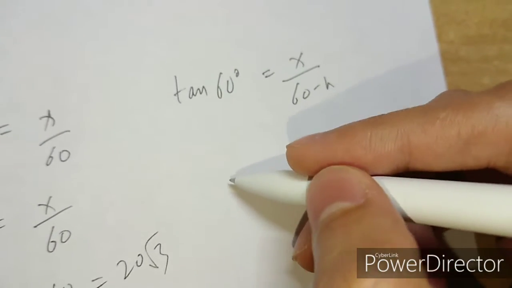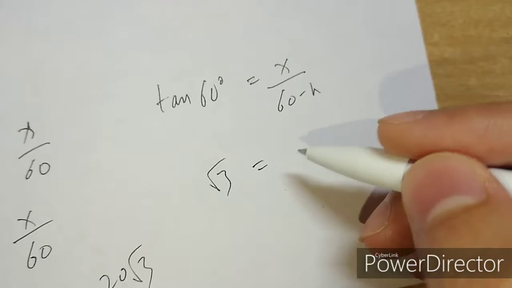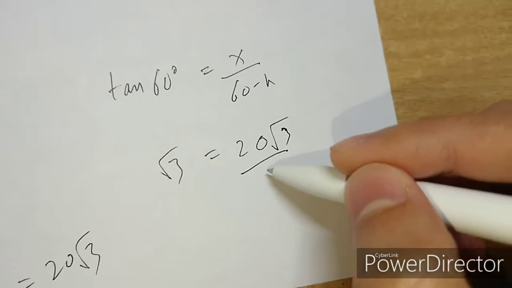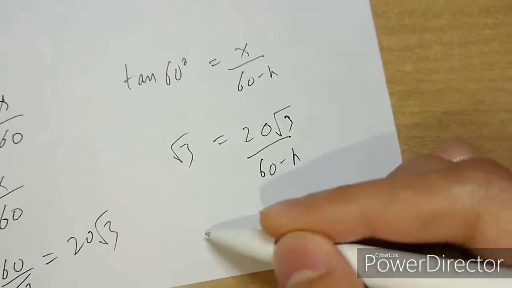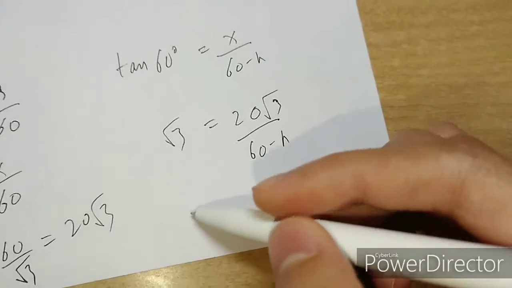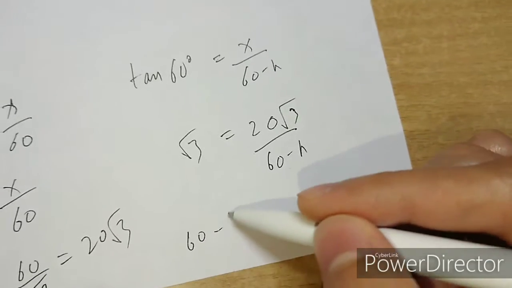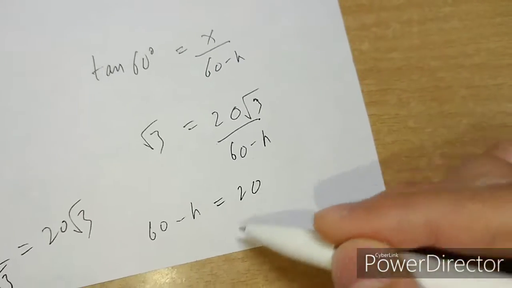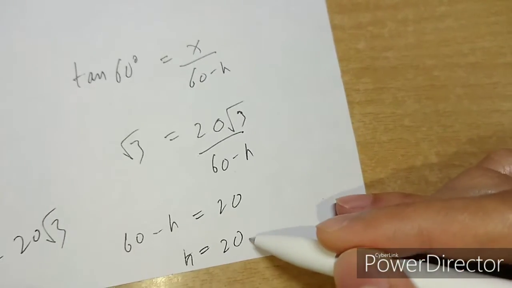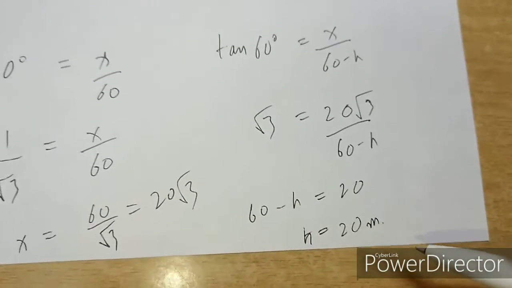Tangent 60 is square root 3, so square root 3 equals 20 times square root 3 over 60 minus h. These square root 3's cancel, and we get 60 minus h equals 20, which gives us h as 20 meters. That is the height of the tower.